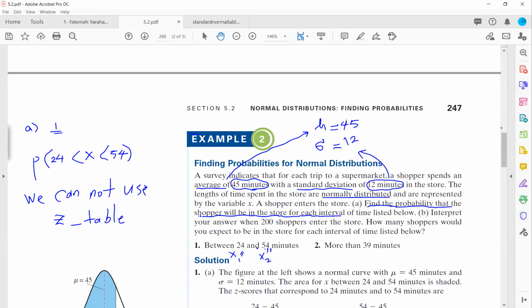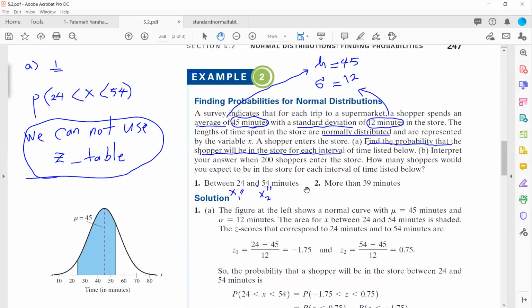Because it is x. First, we have to convert each of these x values into z values. Then we use the table 2 times. So remember that the z formula is x minus mean divided by standard deviation. Here you have 2 x values, so you have to find 2 z values.